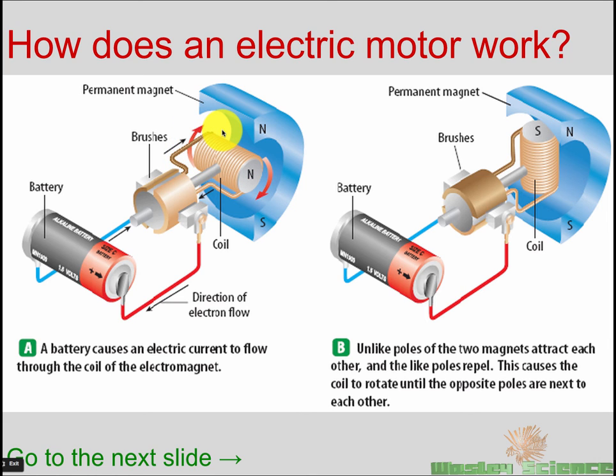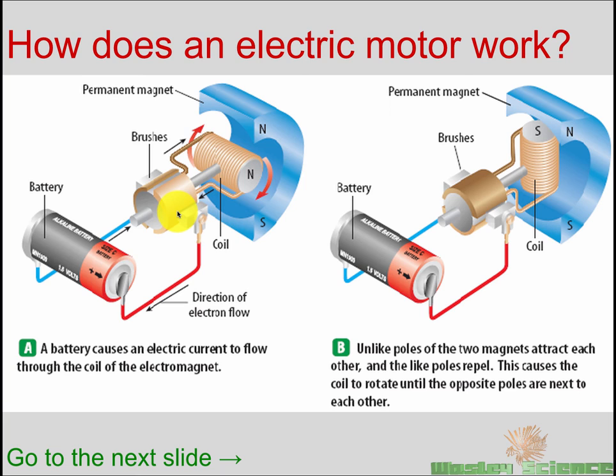Now you can see the arrows showing the animation of the magnet spinning. But what happens is, when the north pole of the electromagnet aligns with the south pole of the permanent magnet, and the south pole of the electromagnet aligns with the north pole of the permanent magnet, the brushes spin as well, which causes the poles of the electromagnet to switch. That's the big part: the brushes cause the magnetism of this electromagnet to switch.